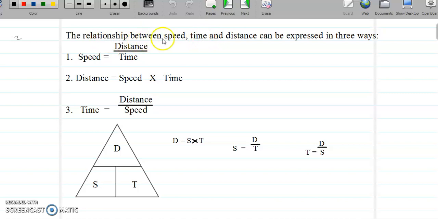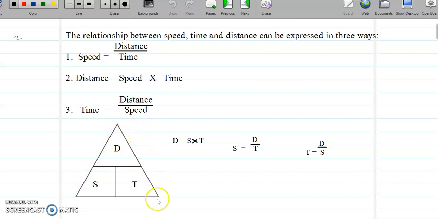The relationship between speed, time, and distance can be expressed in three ways. The first one: speed is distance divided by time. Distance is speed multiplied by time, while time is distance divided by speed.